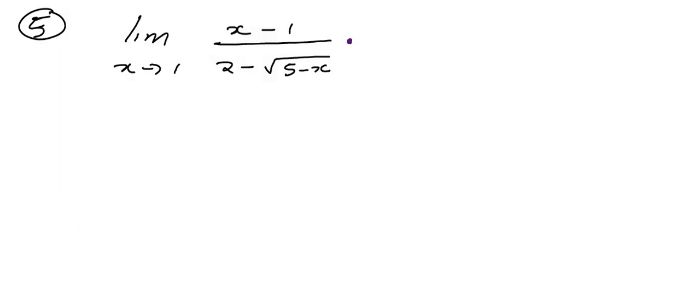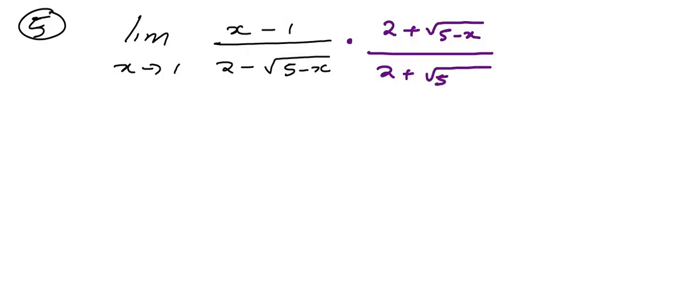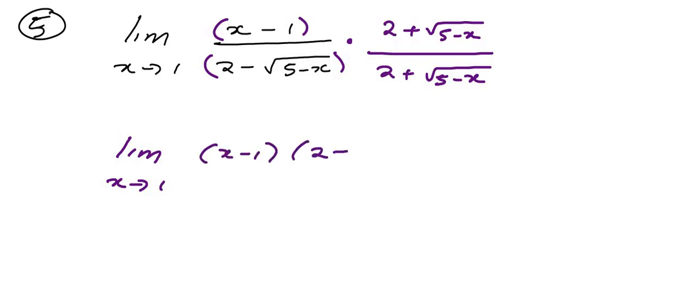So I'll multiply the top part by 2 plus root of 5 minus x, the bottom part as well with 2 plus root of 5 minus x. So I'm multiplying, by the way. This will be the limit as x approaches 1. Don't multiply the top part, no need. Leave it the way it is.